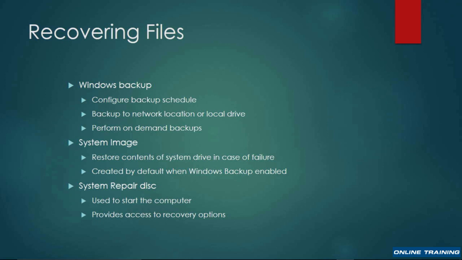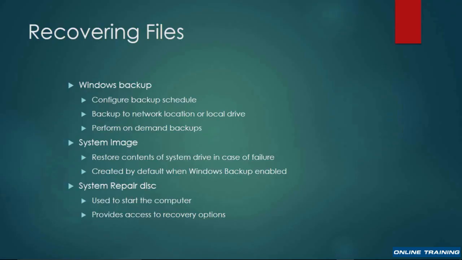A couple other options that you have in there are to create a system image. A system image allows you to restore the contents of the system drive in case of failure. It's created by default when the Windows Backup utility is actually turned on, but you would probably want to update that option. The only other option to restore Windows in its entirety would be to reset the PC.